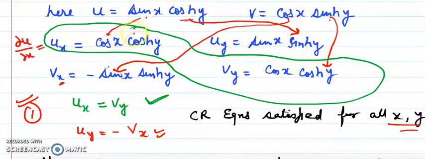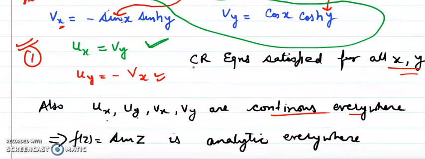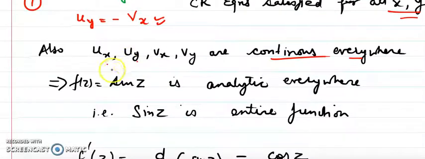Hyperbolic functions are also continuous, and the product of any two continuous functions is again a continuous function. So it is very clearly observed that all these four partial derivatives are continuous. So the sufficient condition is done. The CR equations are satisfied, and the second condition is that all are continuous.